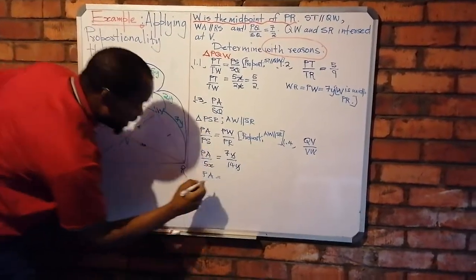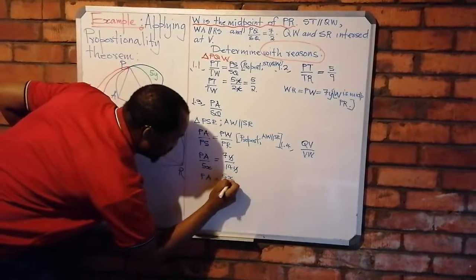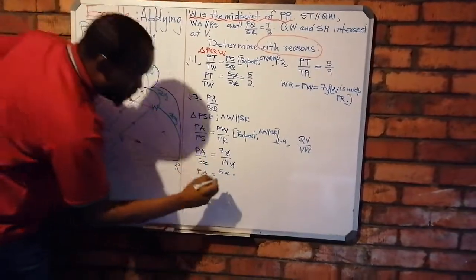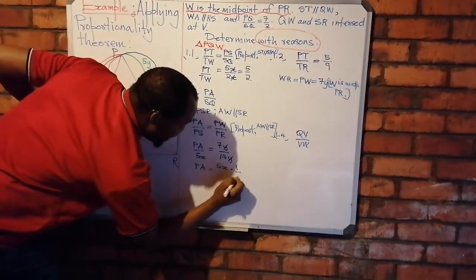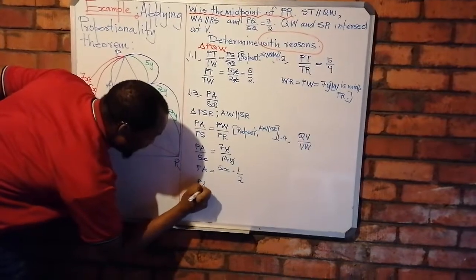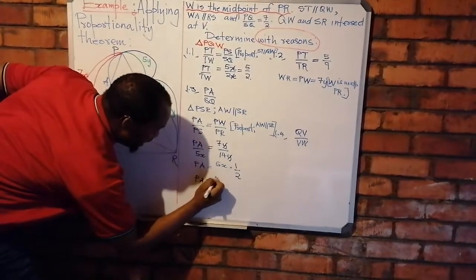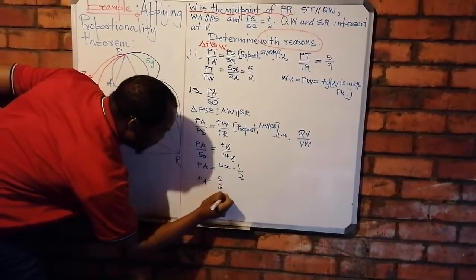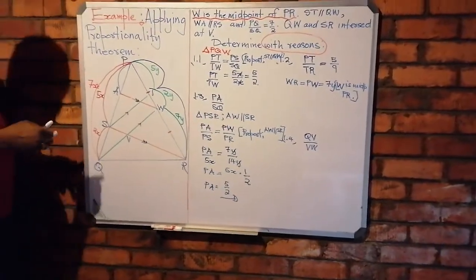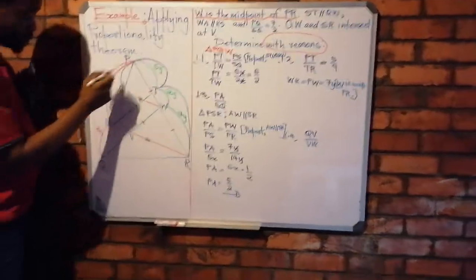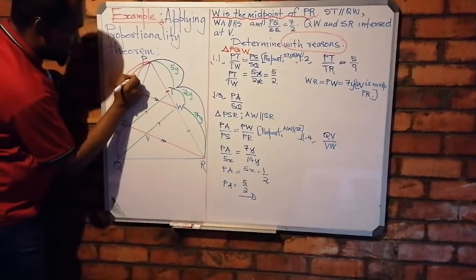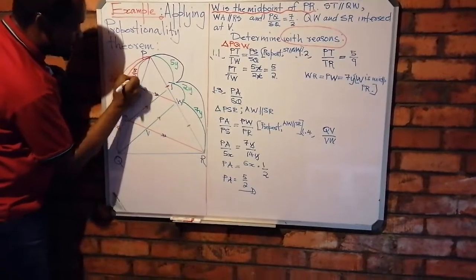I cross multiply this to that side, it would be 5x. Remember that 7 divided by 14 is the same as half. Now, PA is actually 5 divided by 2. How beautiful is that? PA from here to there, it would be 5 divided by 2.